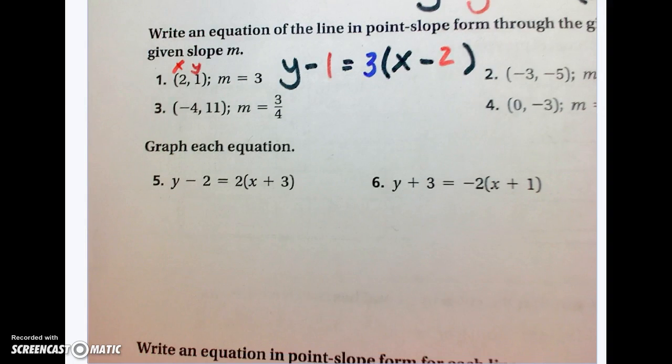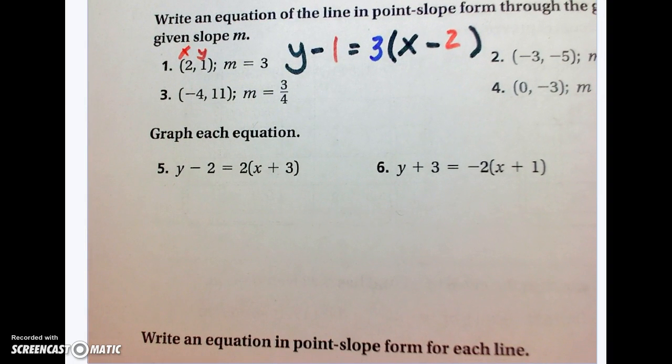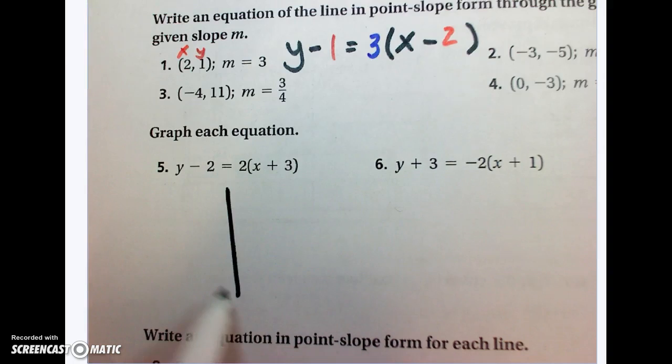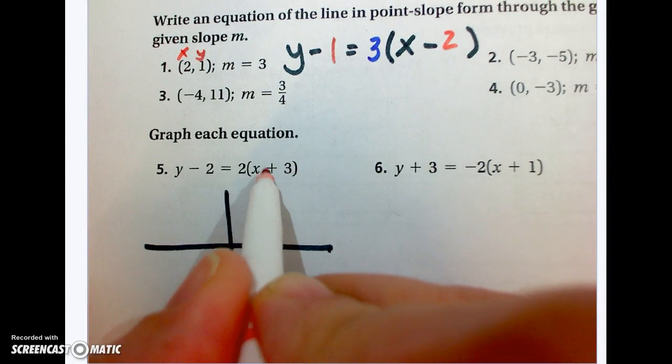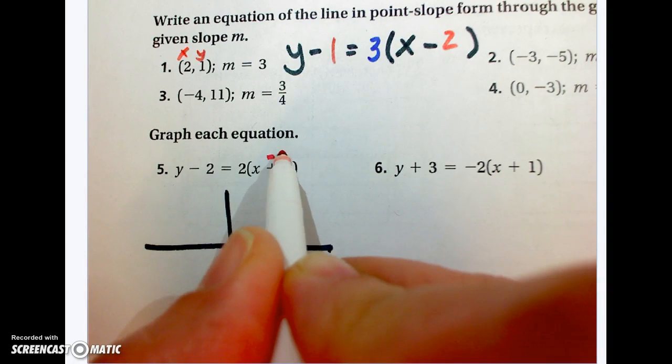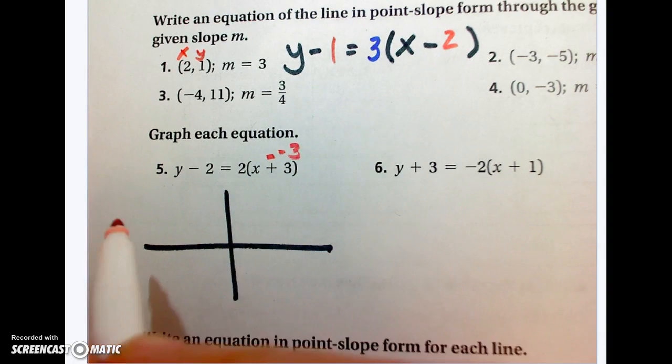So for number 5, it says to graph each equation. So we need to come up with our point. So x, this is take away a -3 because we're subtracting.